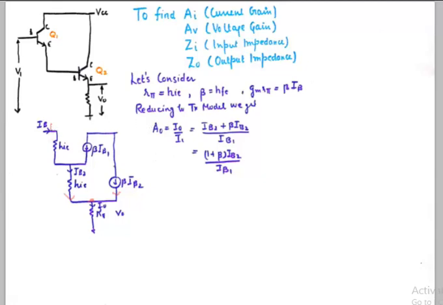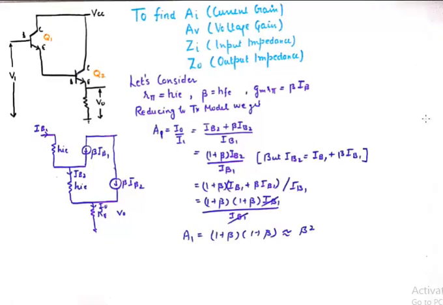Now what happens is, but we know that IB2, the current in this branch, is the sum of these two currents, because at this node these two currents are entering and this current is leaving. So IB2 is the sum of IB1, which is the input current, and beta times IB1.